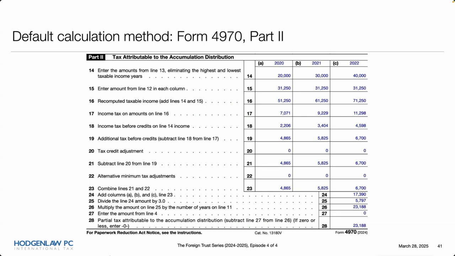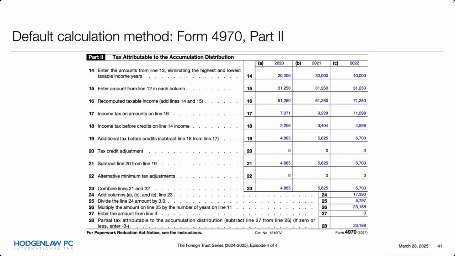And what you do is you're looking for the difference between what the taxpayer actually paid in that year in income tax and what the taxpayer would have paid if that taxpayer had received $31,250 of ordinary income distribution from the trust in that year. And the difference between those tax costs is going to be taken down, and eventually we're going to use that number to be the accumulation tax.